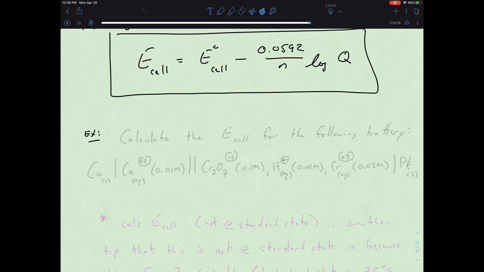So for our example here, we want to calculate the cell potential for the following battery. And so for our battery, we're going to have this written in shorthand just to give us some practice with that.